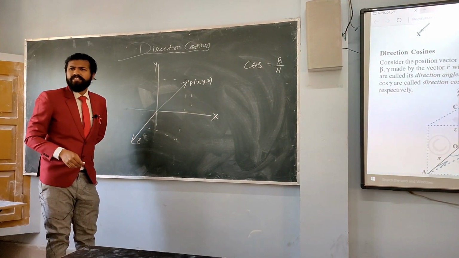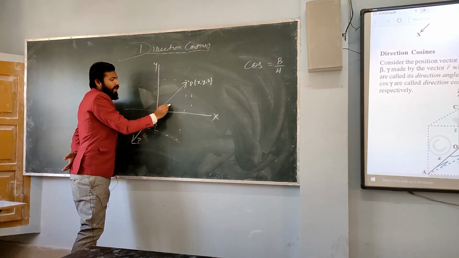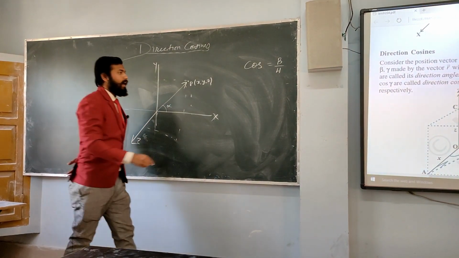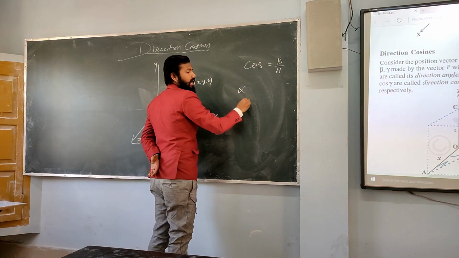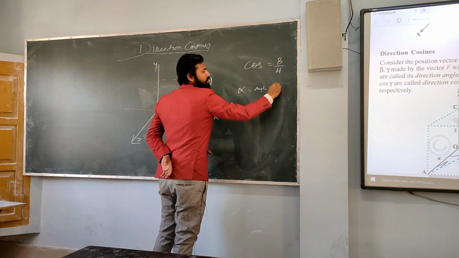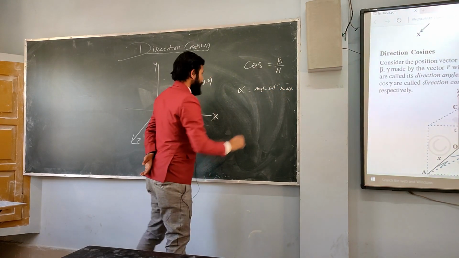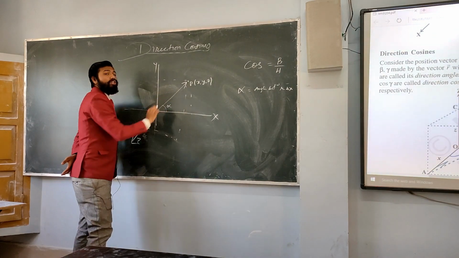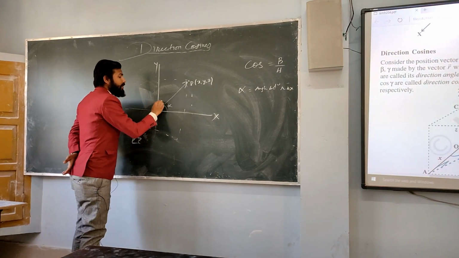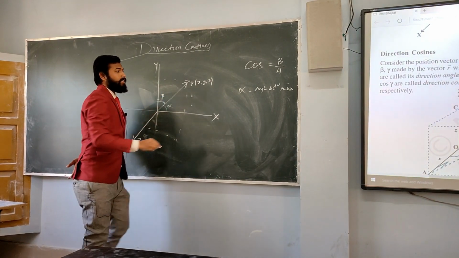This position vector will make some angle with the x-axis. Let the angle be alpha. Alpha is the angle between the resultant and the x-axis. And this position vector will make another angle with the y-axis. Let this angle be beta.